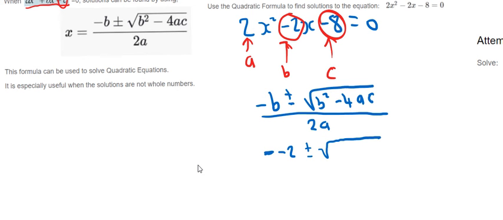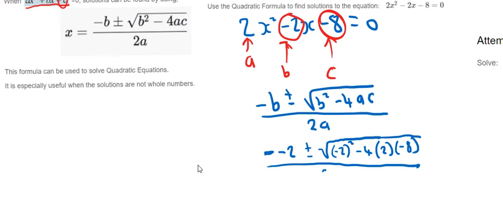B squared, so b is minus 2 to be squared, minus 4 times a, so whatever a is, 2, times c, which is minus 8. And that's all over 2 times a, so 2 times 2.